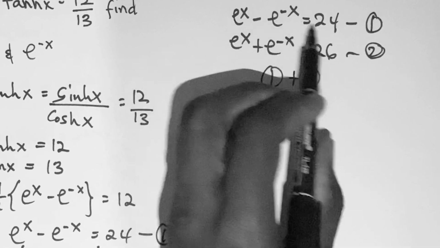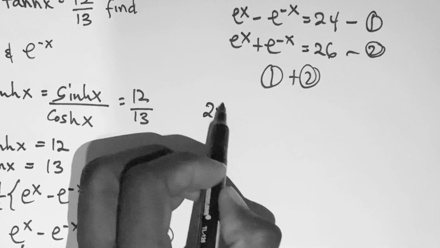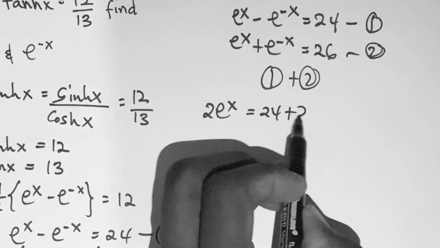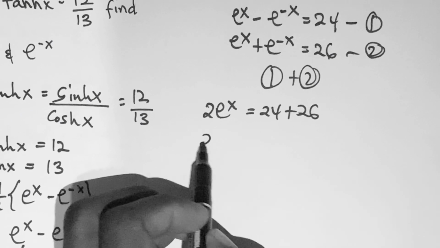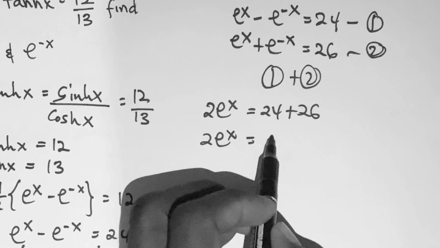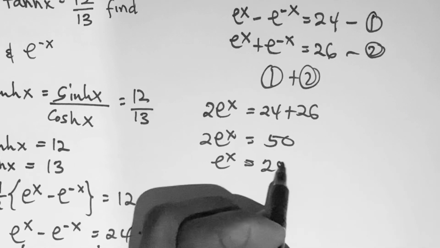So exponent minus x will go to 0. So that we will then have 2 exponent x equals 24 plus 26. Therefore, 2 exponent x is equal to 50. Therefore, exponent x is equal to 25.